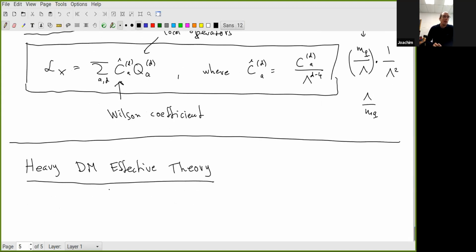Here, for the dark matter, it's a bit more non-trivial to neglect inverse powers of this heavy mass, because the external particle just has its mass. You cannot just drop parts of this mass that it has. So one has to be a bit more careful.